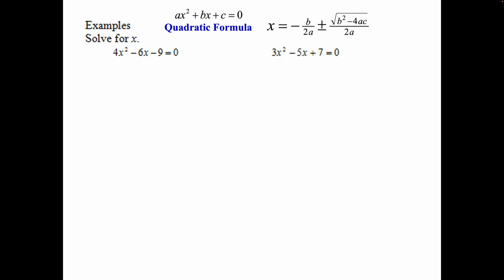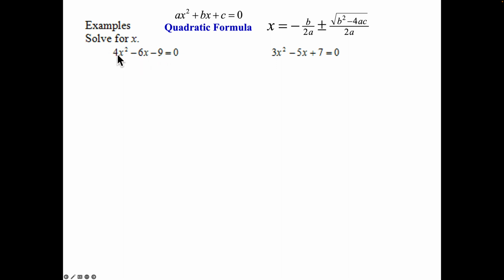Example time. There's my quadratic formula. I have 4x squared minus 6x minus 9. Now, I'm going to admit it. The best time to complete the square was when there was a 1 in front of here. I might be able to get away with completing the square when I want to divide by a, and if a divides into b evenly, then it's still easy to do.